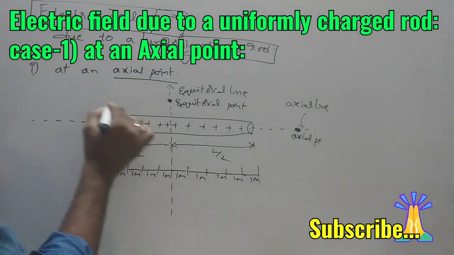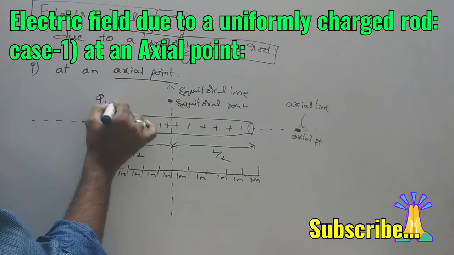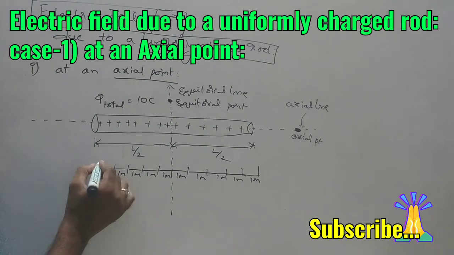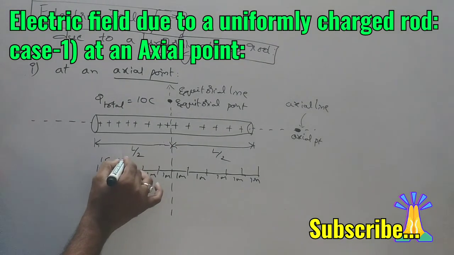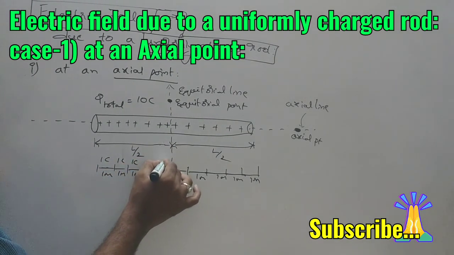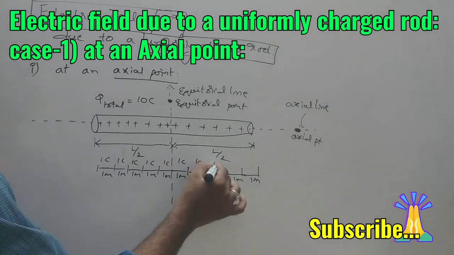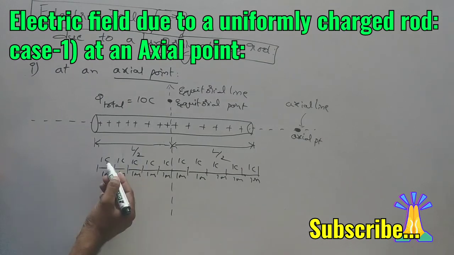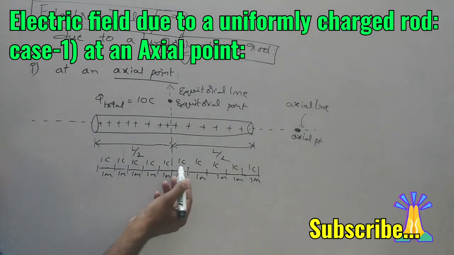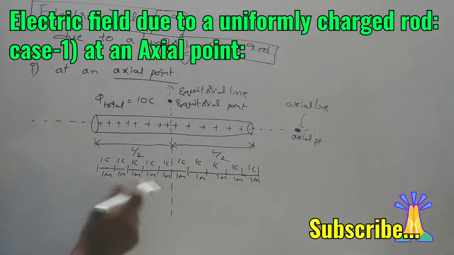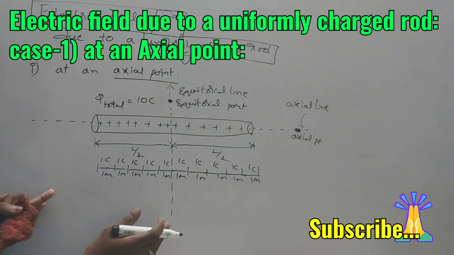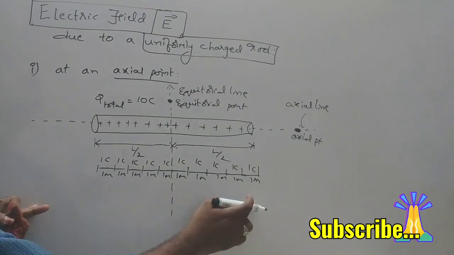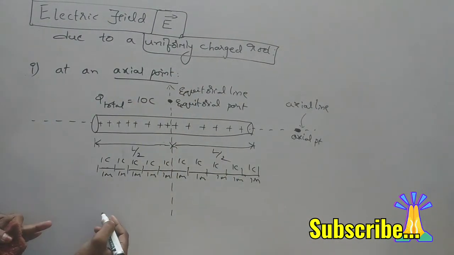If the total charge Q is 10 coulomb, then for every 1 meter, 1 coulomb is distributed. All together we get 10 coulomb, distributed uniformly throughout the length of the rod. That is what is called a uniformly charged rod.